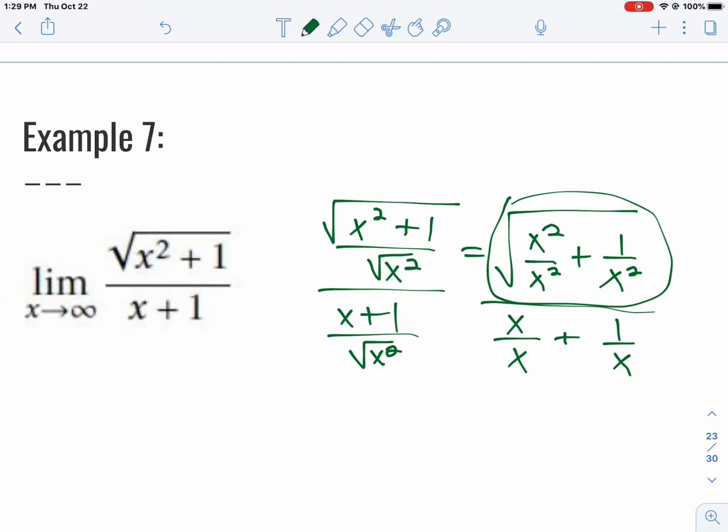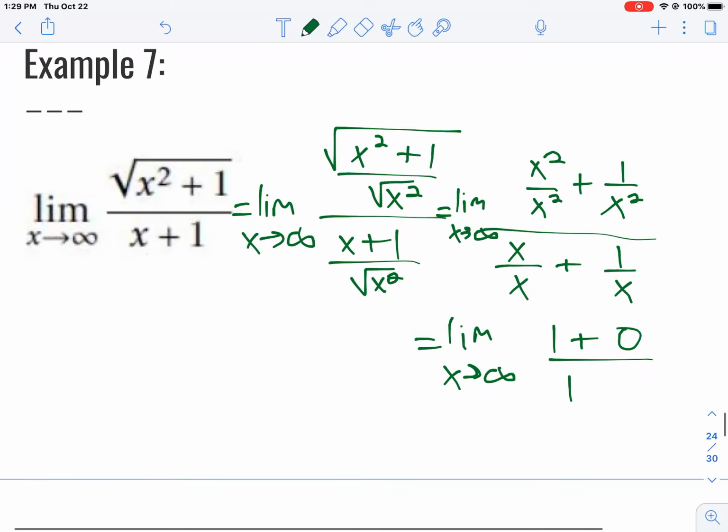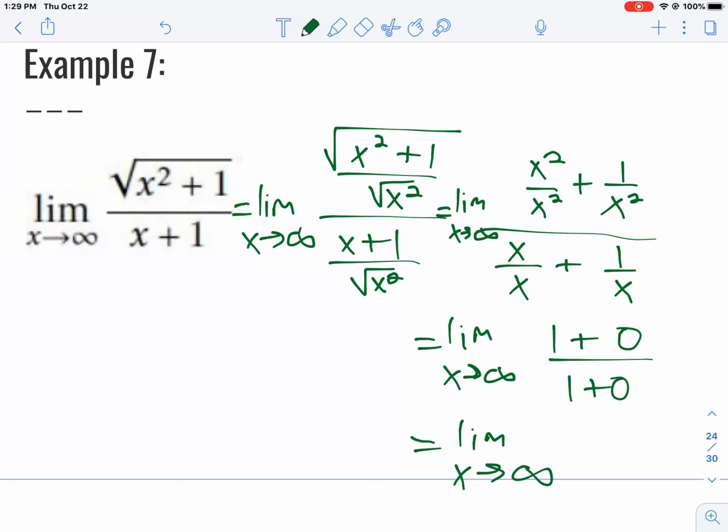So, equals the limit as x approaches infinity. Now I have 1 plus 0 over 1 plus 0. So the limit is 1.